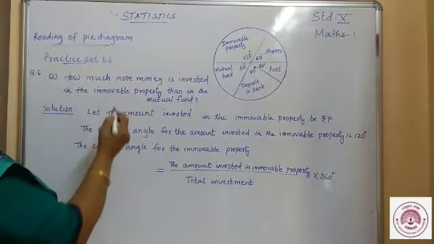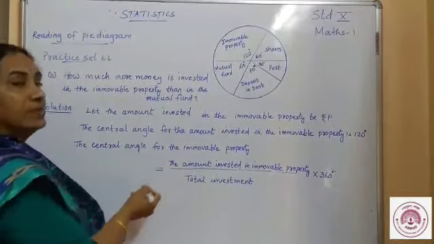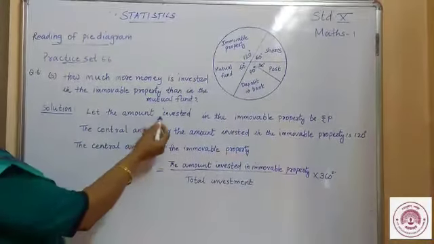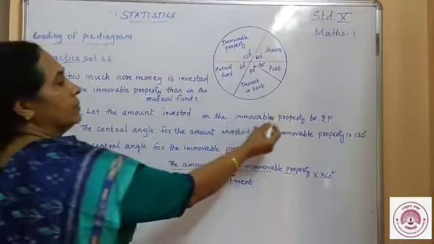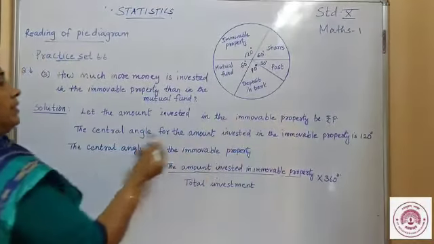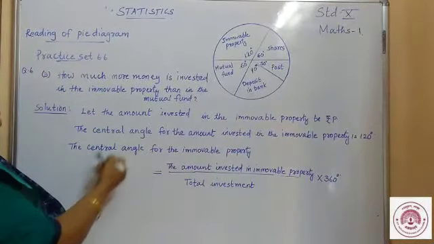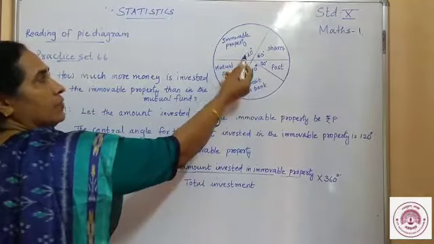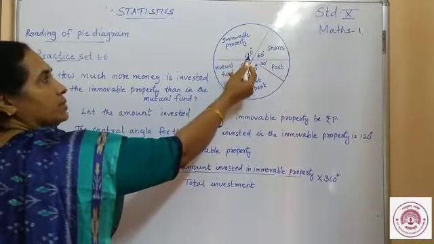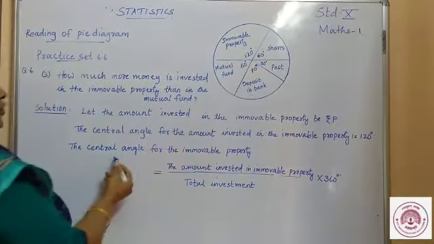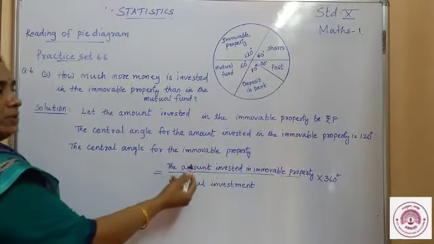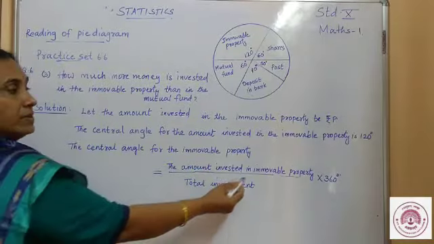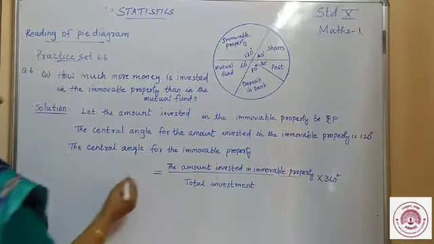Now, let us find the amount invested in immovable property. Let the amount invested in the immovable property be rupees P. And what is the central angle for the property? From the pie diagram, central angle for the immovable property is 120 degree. Formula is central angle is equal to the amount invested in property divided by total investment into 360.